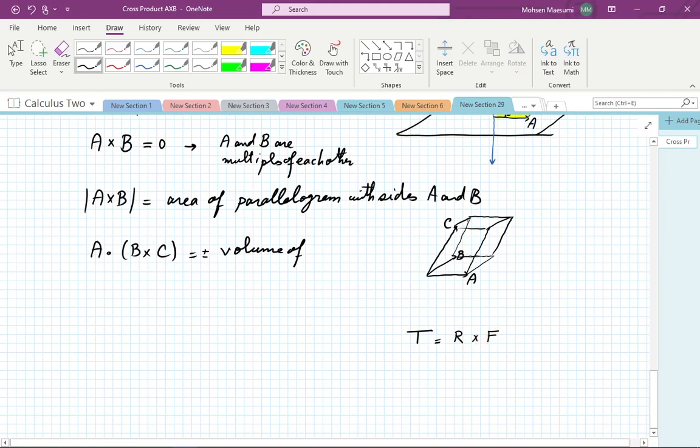So that is an application in physics or engineering. Also, we have angular momentum. Angular momentum is also equal to radius times momentum itself, and these two are related to each other the same way that the force and momentum are related to each other.